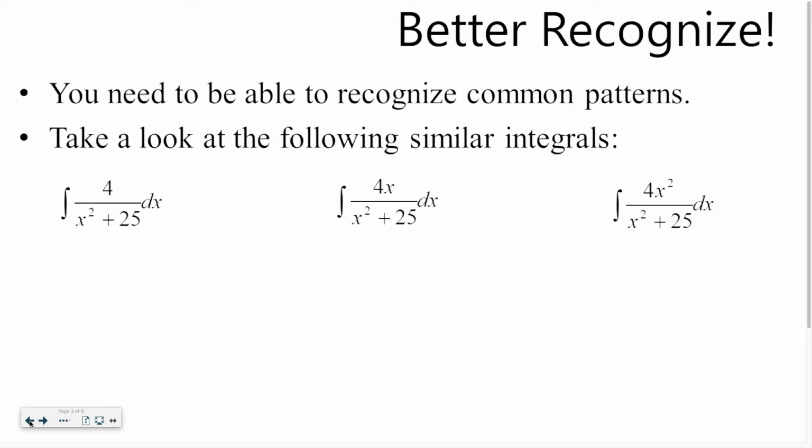We are going to go through these 3 problems. Do they look similar? Yes, there's just one itty bitty change from one to the next. So we're going to start here: 4 over x squared plus 25.